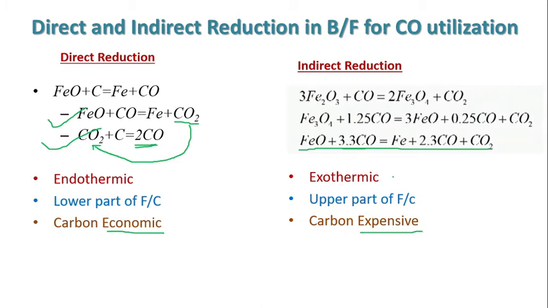Also, indirect reduction can take place at the stack region, the upper part of the furnace: Fe2O3 to Fe3O4 conversion and Fe3O4 to FeO conversion. At the bottom there may be direct or indirect reduction of FeO, the wustite, in the high temperature zone. Indirect reductions are exothermic in nature, so they will provide some amount of heat.